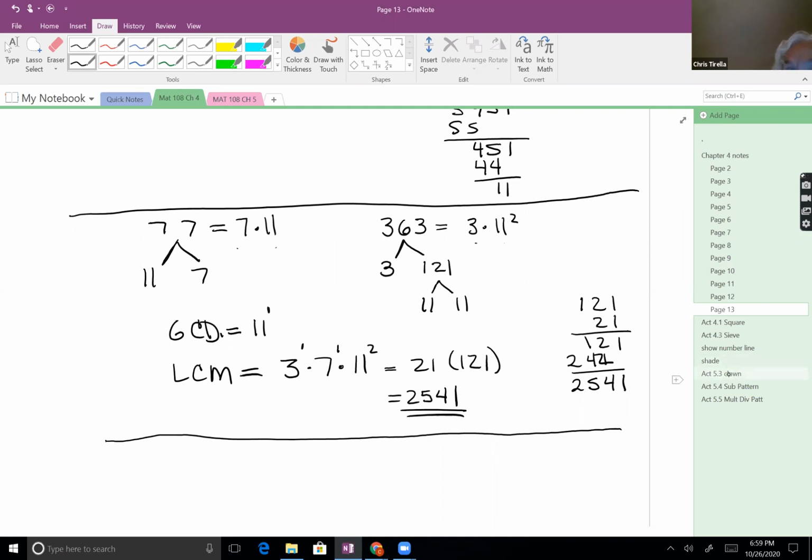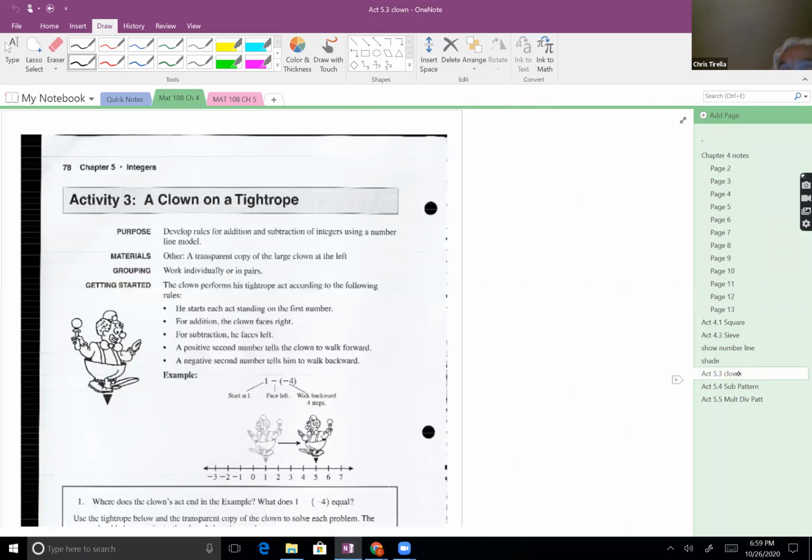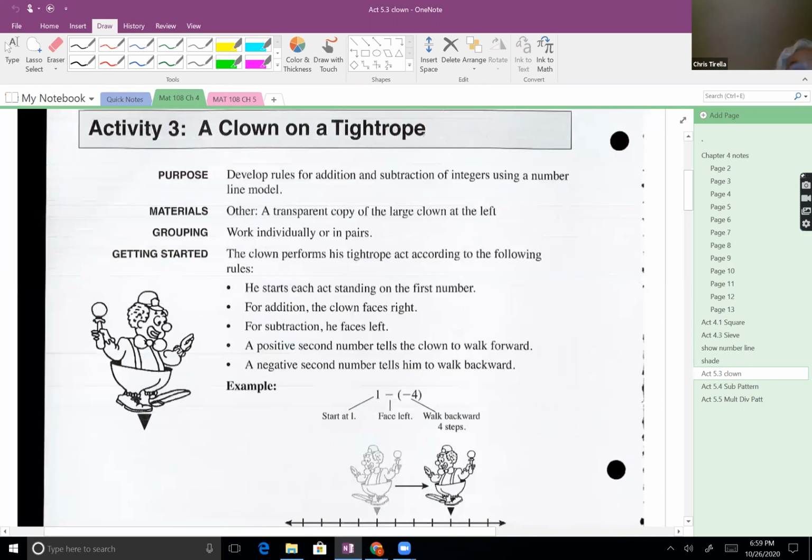Okay. So activity 5.3. Well, before we do that, I guess we should talk a little bit about what chapter 5 involves. Chapter 5 starts adding to the discussion the idea of negative numbers. So in chapter 5, we're looking for ways of explaining positive and negative numbers to elementary children.